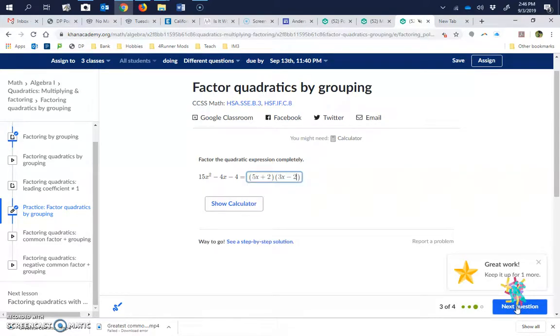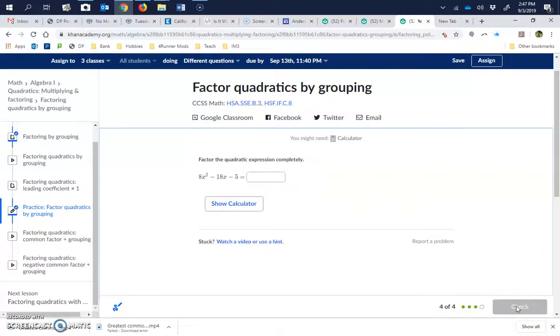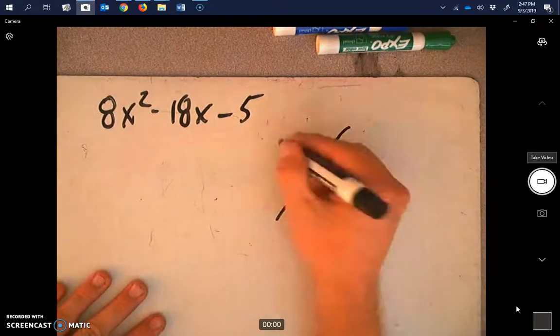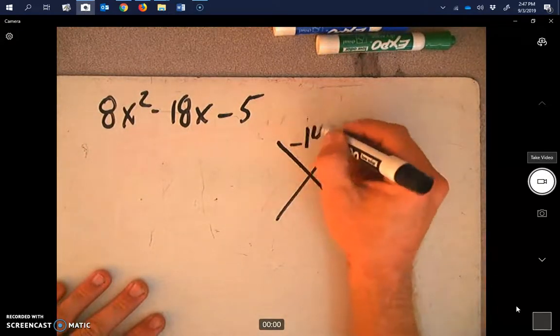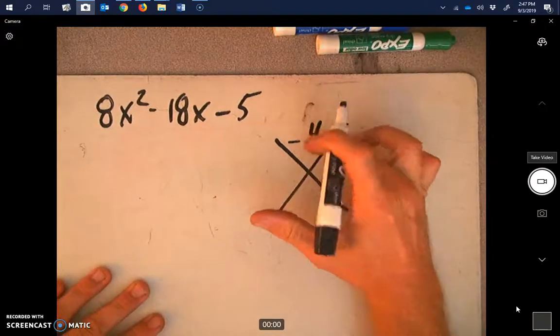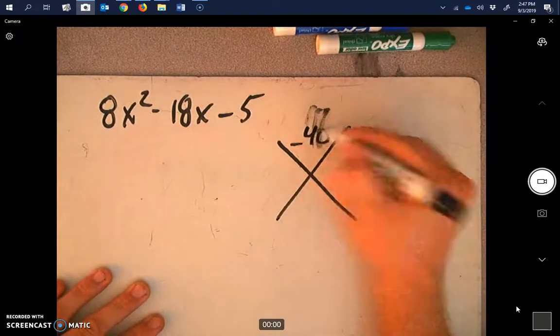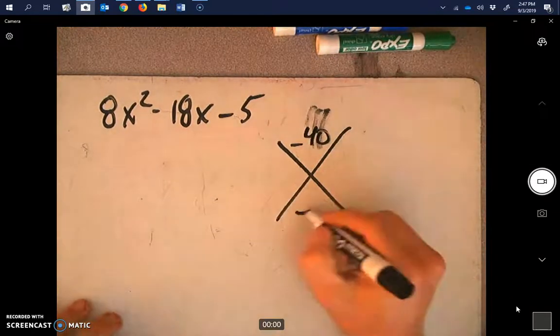Question 4. 8x squared minus 18x minus 5. So 8 times negative 5 is negative 40, and B is negative 18.